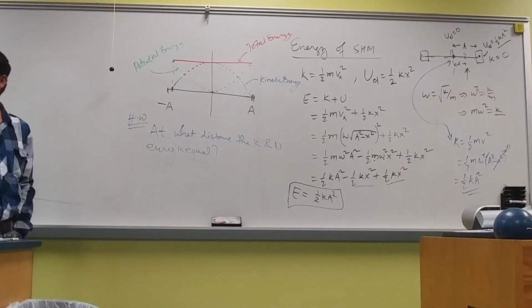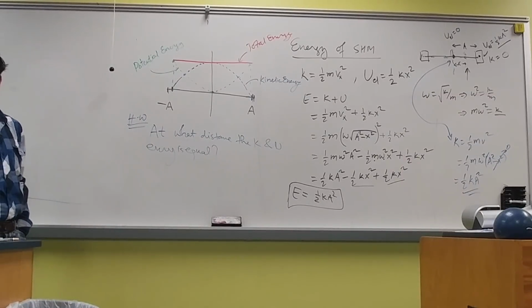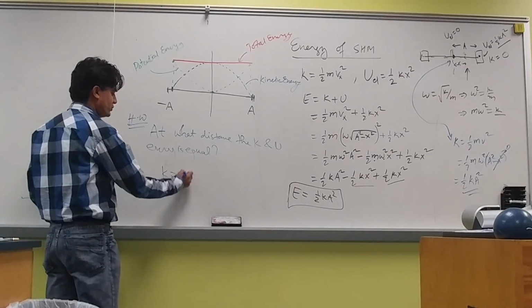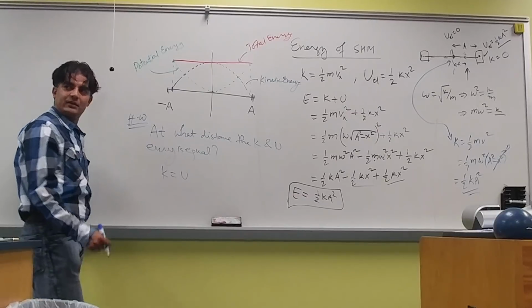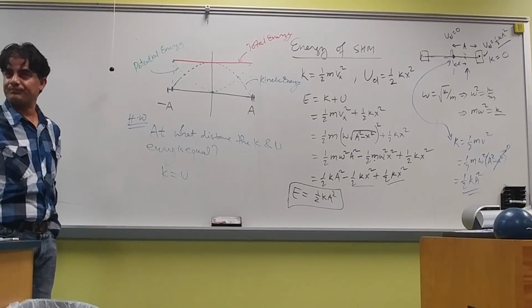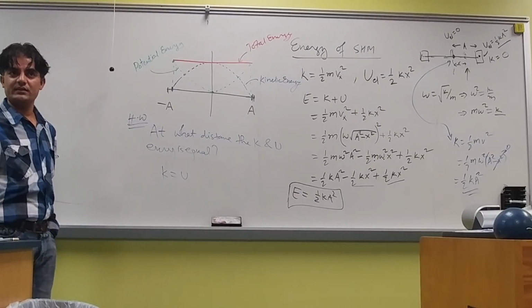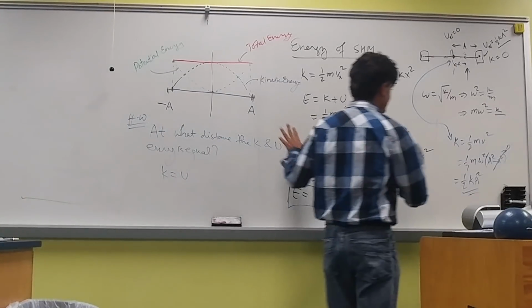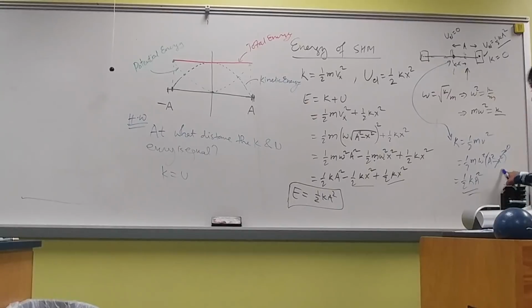Find x where K equals U. Now you need to find x. What will you do? In the case of K, you write down this, but make sure you have a square and an x square there.